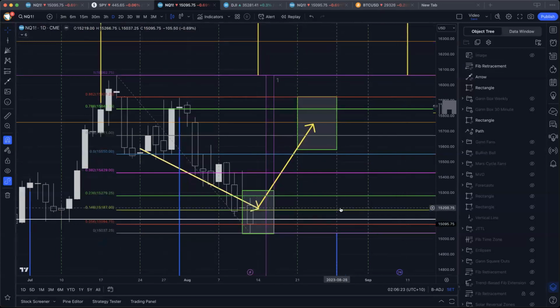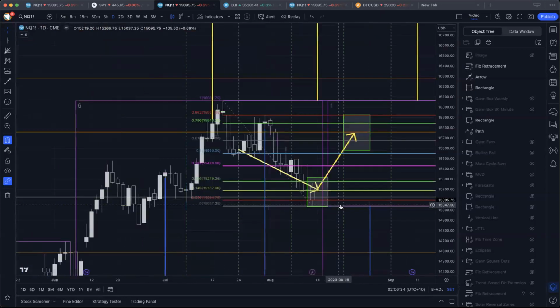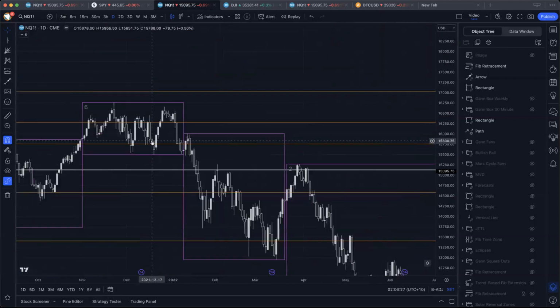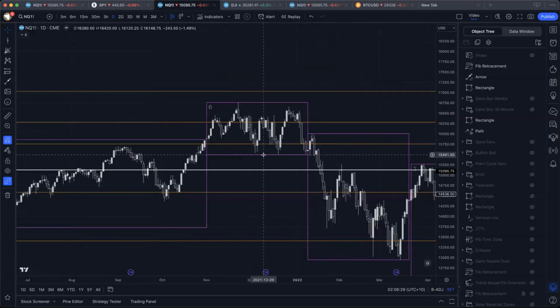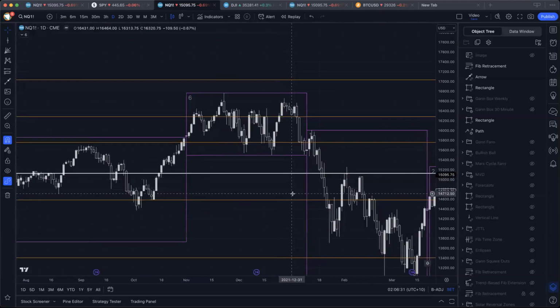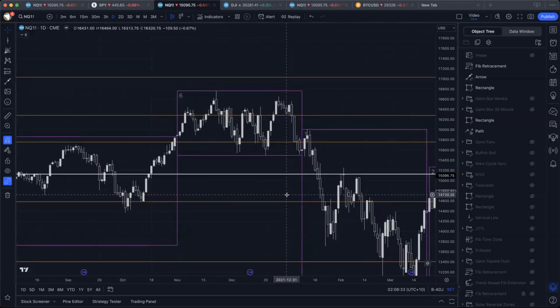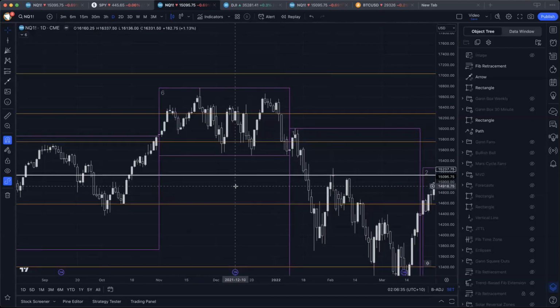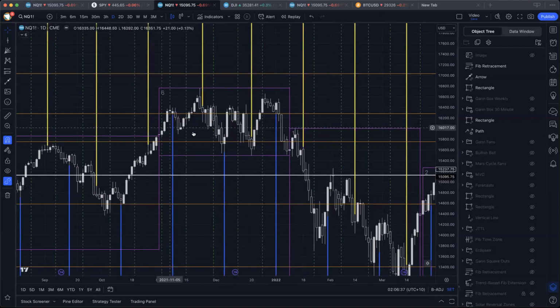But when we have a high on a blue, that's not so great, because if we look over here at the 2021 high, we can take a look at the Gann waves. What happened here is the high just before the drop was on a blue.